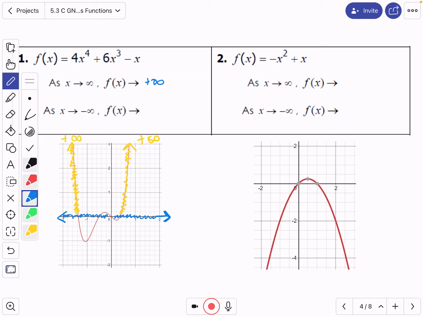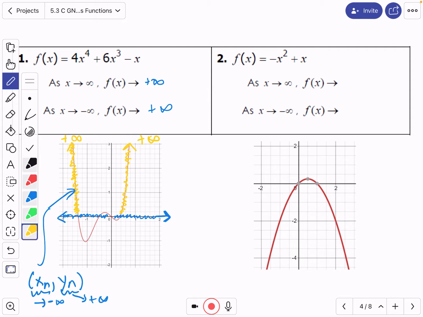And so as x goes to negative infinity, f of x, the output, goes to plus infinity also. And remember that every single one of these points on here is an x value and a y value. So as this number is headed towards negative infinity, we're saying this number is headed towards plus infinity. And you can see that in the table also.